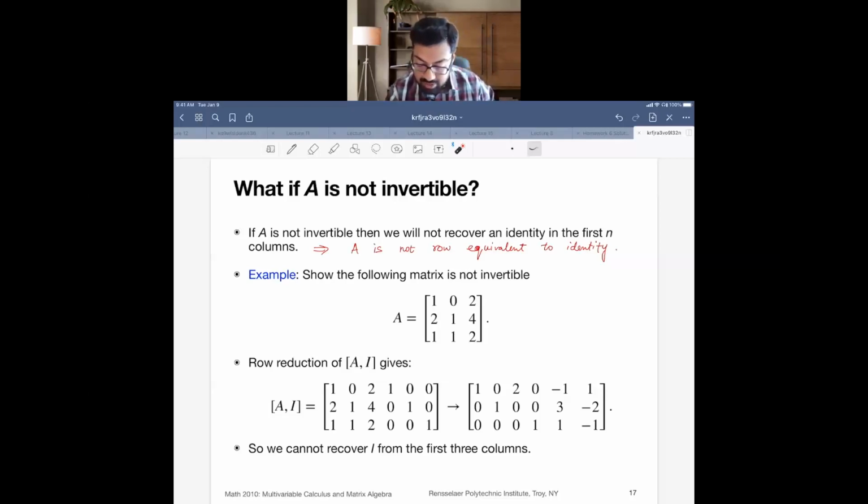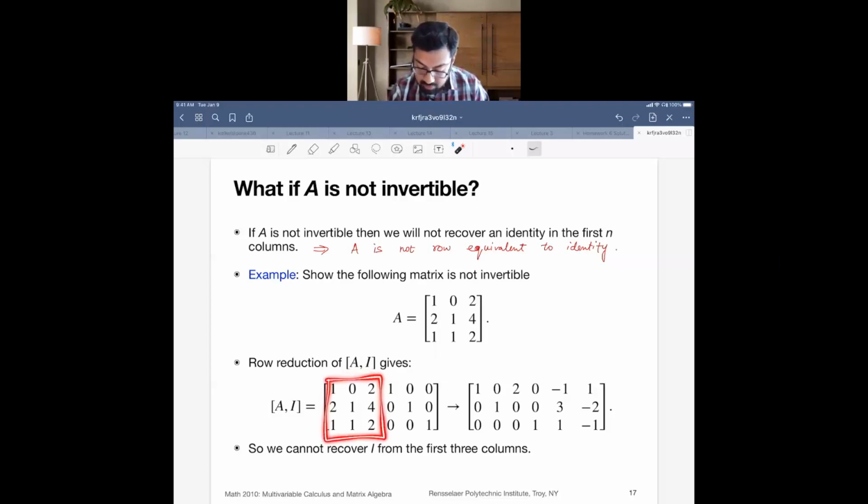So let us try to look at a matrix A over here, and we are going to show the following matrix is not invertible. So let us see what happens when you start forming the augmented matrix and doing the row reductions. If A is a 3 by 3 matrix, then you can form the augmented matrix as such.